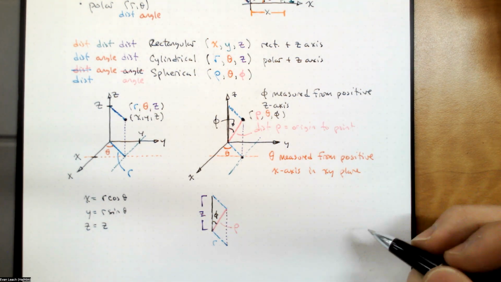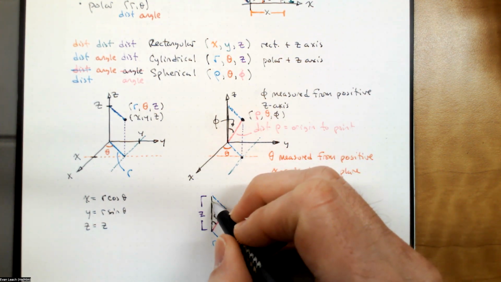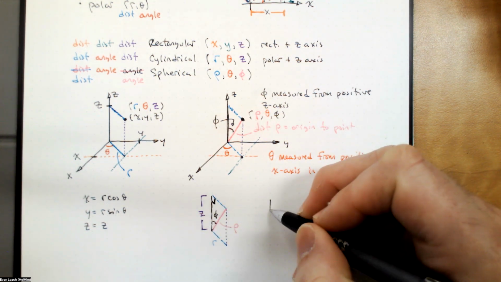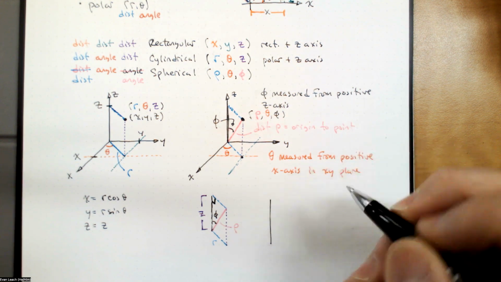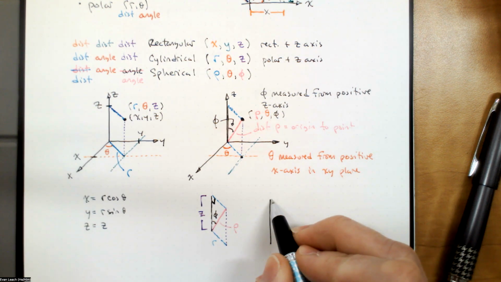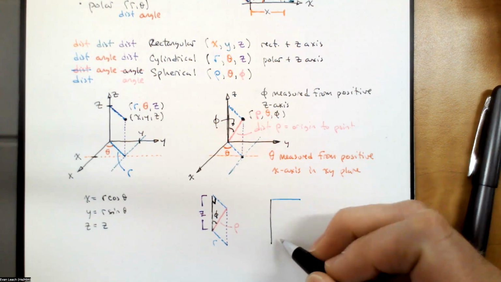If I reorganize this to make it look more like a right triangle, here is a right angle. So if I just grab that part where I have Z, here's R, and here's rho.